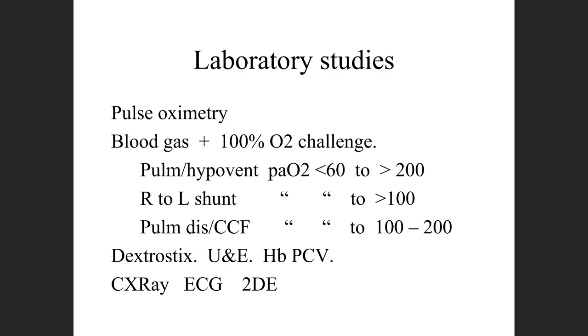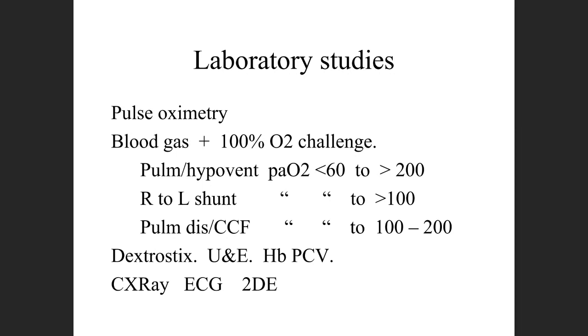Nowadays, we don't use dextrose sticks to measure the blood glucose. We use a blood sample and measure the blood glucose, or we use a glucometer, but it should be noted, particularly in the newborns, that the glucometer is not accurate at high or low levels of sugar.